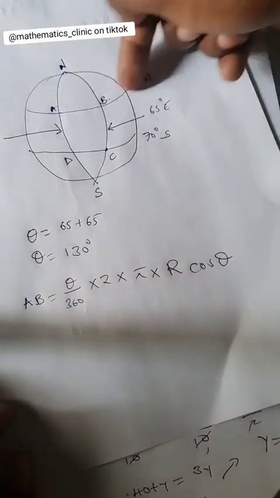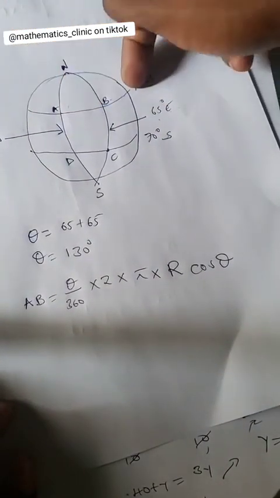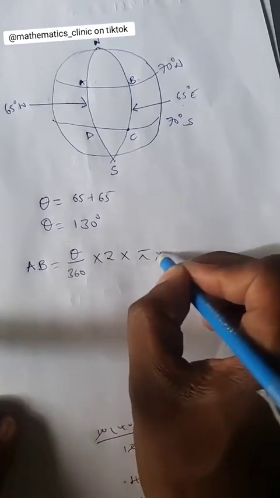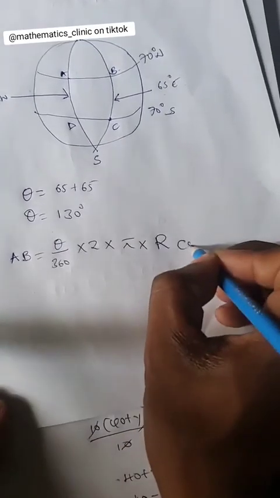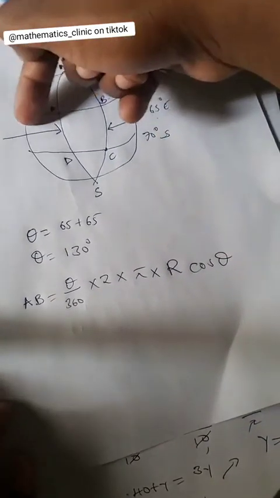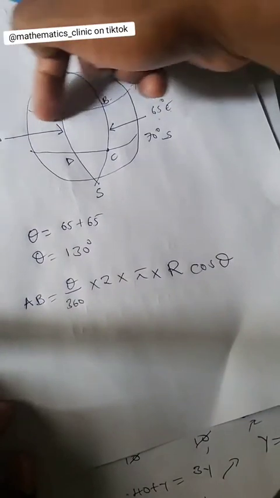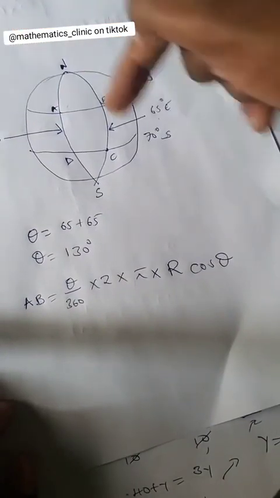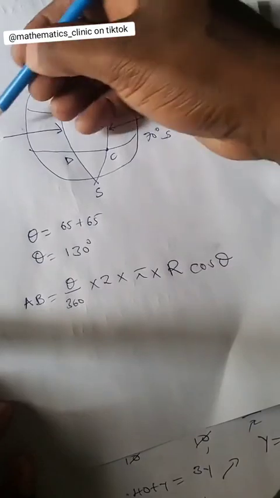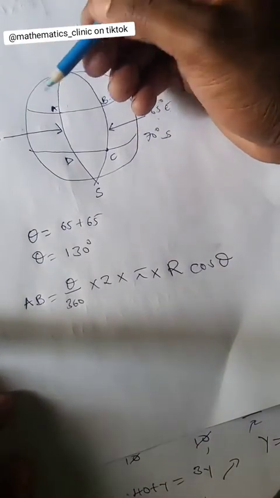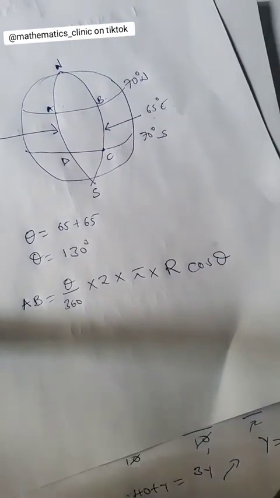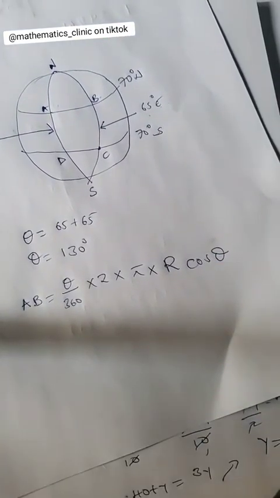Because this latitude is a small circle. Small circles have cos theta. The only latitude that is a great circle is the equator, which is 0 degrees.